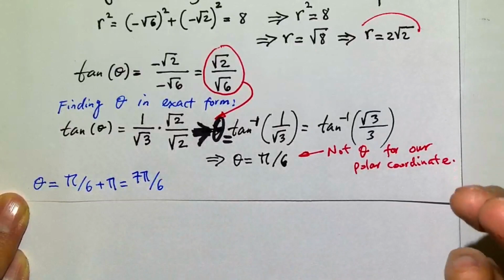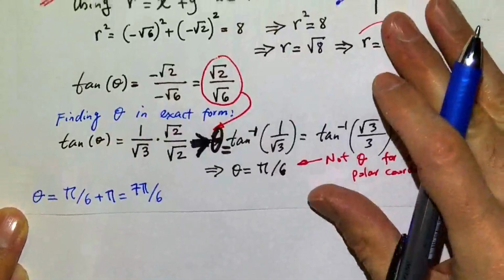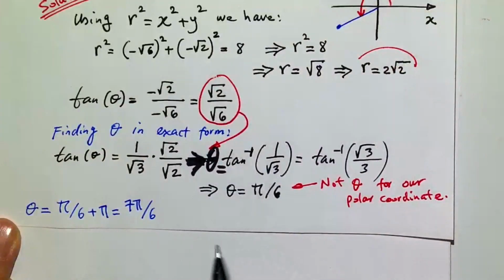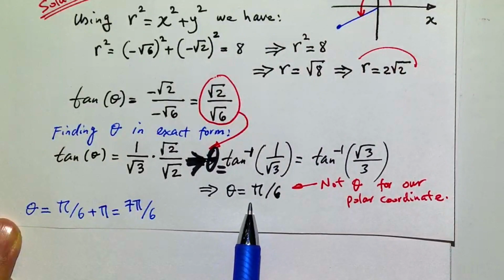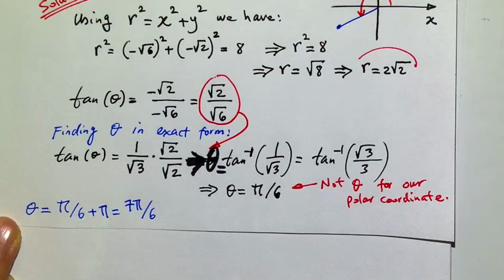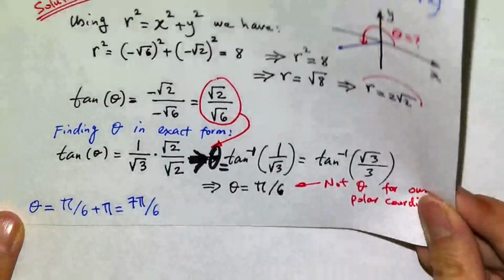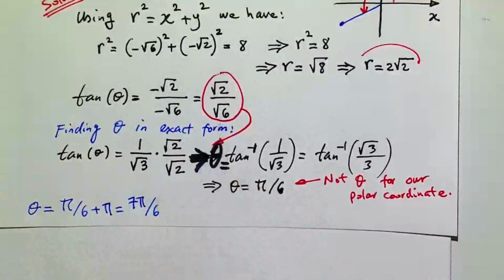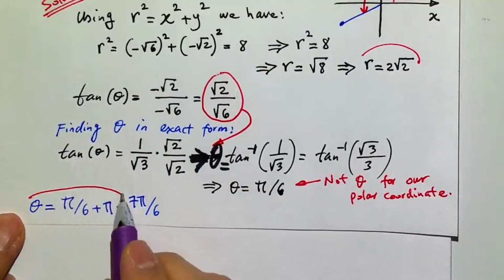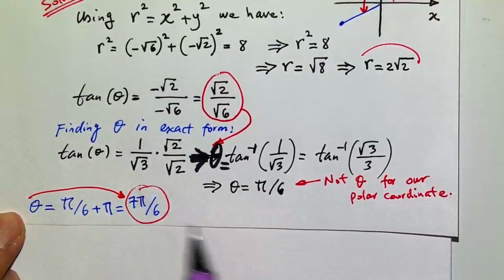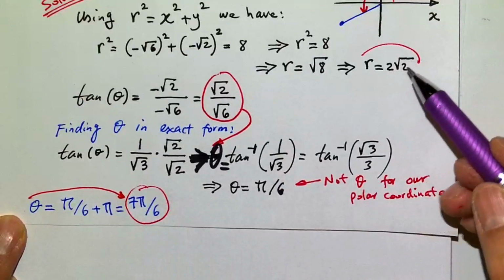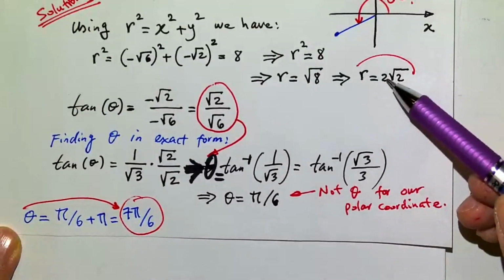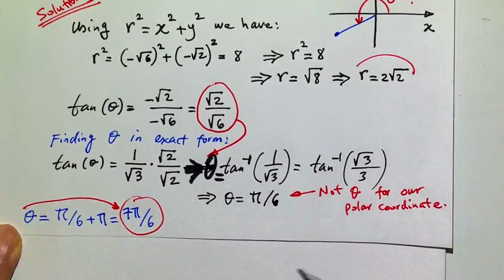We did all of this gymnastics because we want to give the theta in exact form, not in decimal form. Again, this is helpful for when you complete the online homework. So this is the actual theta we need. And you have r. We figured out r here, and the theta here.